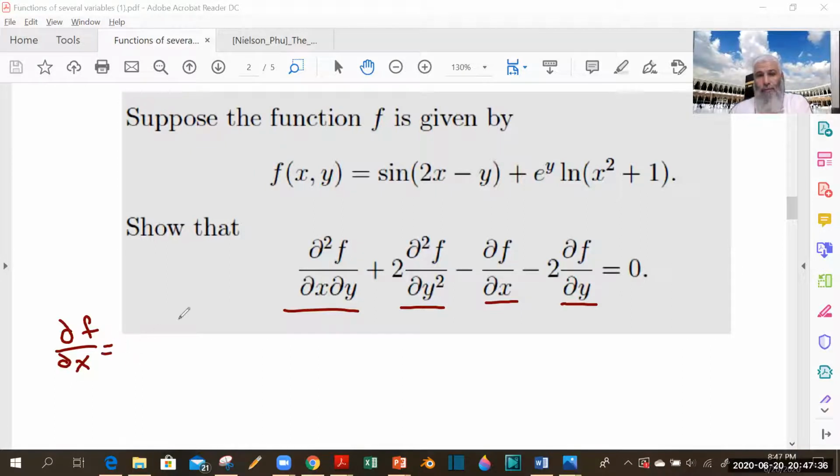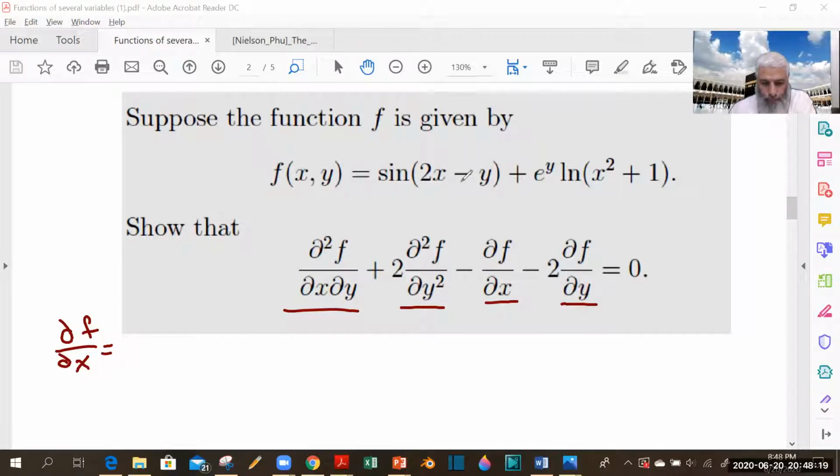So now we need to find df/dx. What is df/dx? With respect to x, the derivative of sine(2x minus y). How can we do this? Sine of 2x minus y with respect to x. What are we going to do with this minus y?